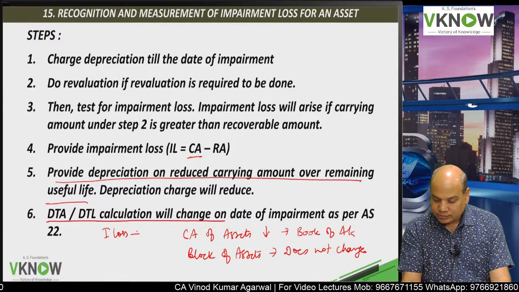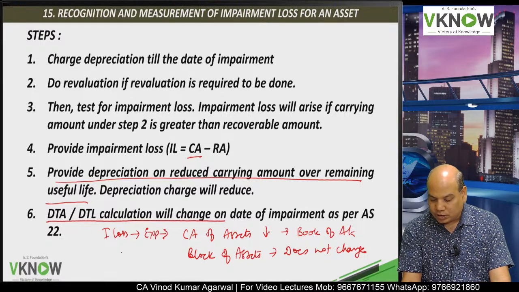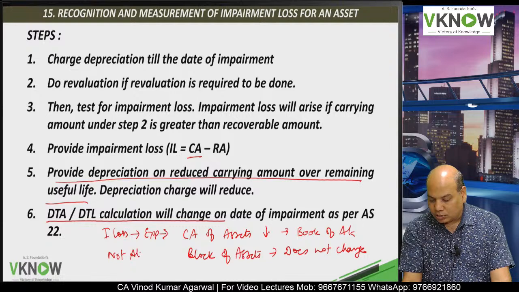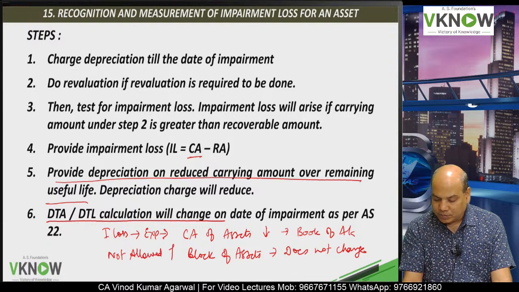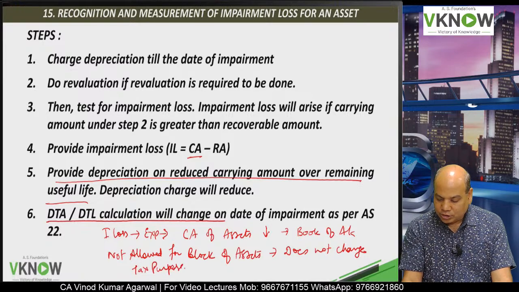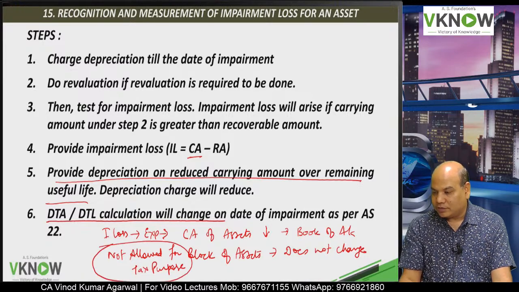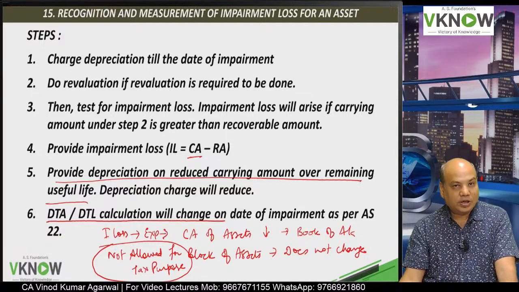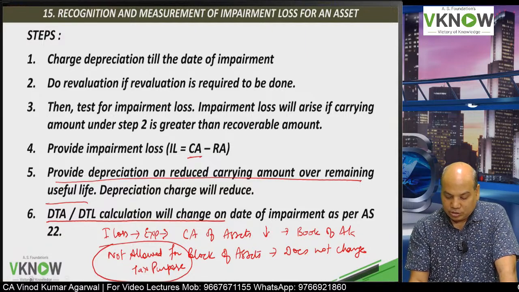Impairment loss is an expense in the books of account but not allowed for tax purpose. You will study this in your income tax law. You can ask your income tax teacher whether income tax law allows impairment loss as a deduction.